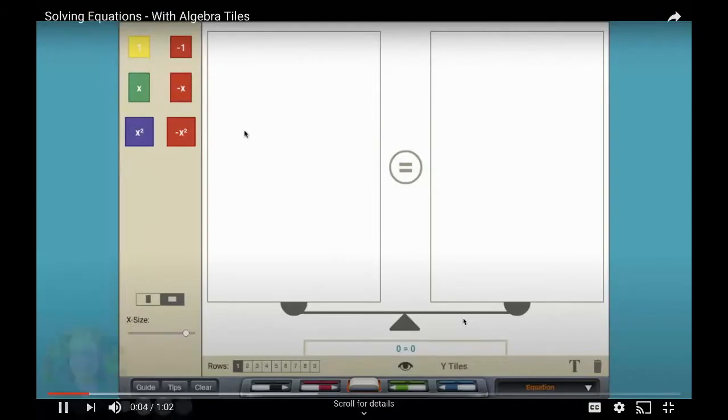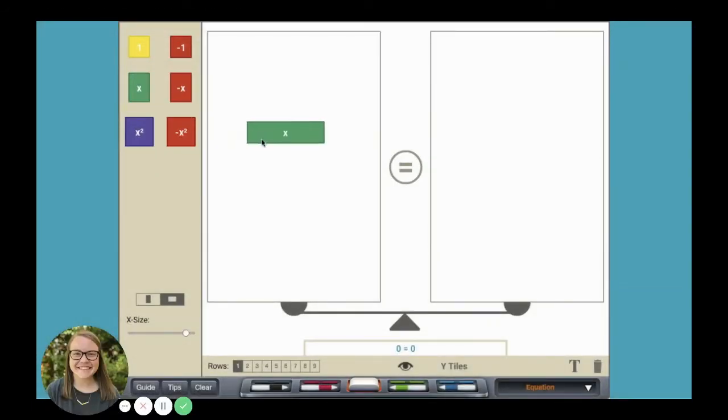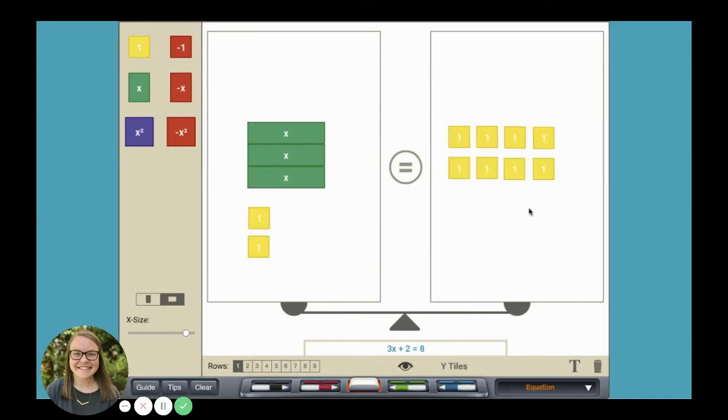To solve an equation like 3x plus 2 equals 8, model 3x plus 2 on one side of an equals sign and 8 on the other. To isolate the variable x on one side, start by adding 2 negative unit tiles to both sides and removing 0 pairs.